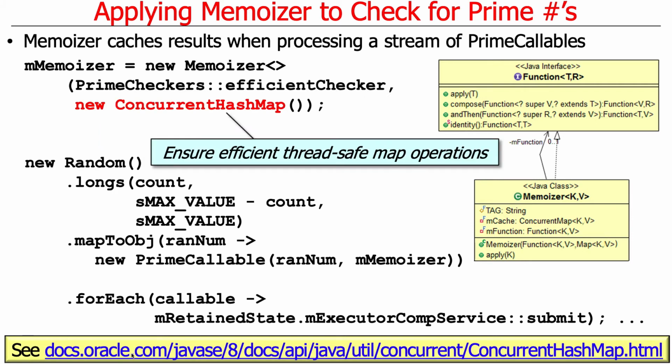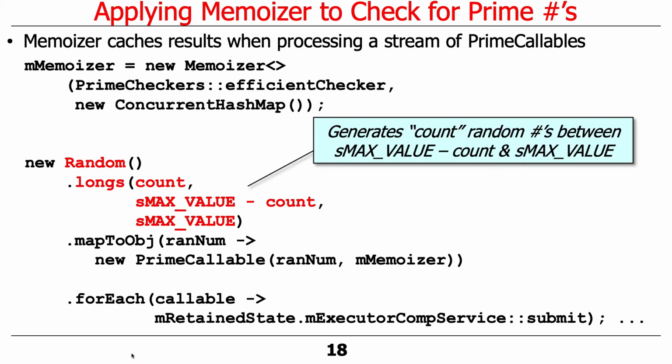We also give it a concurrent hash map so that it'll do the appropriate computeIfAbsent methods, which is a check-then-act atomic method, correctly and efficiently in a multi-threaded program, much more efficiently than would be the case if we were using, say, a synchronized map.